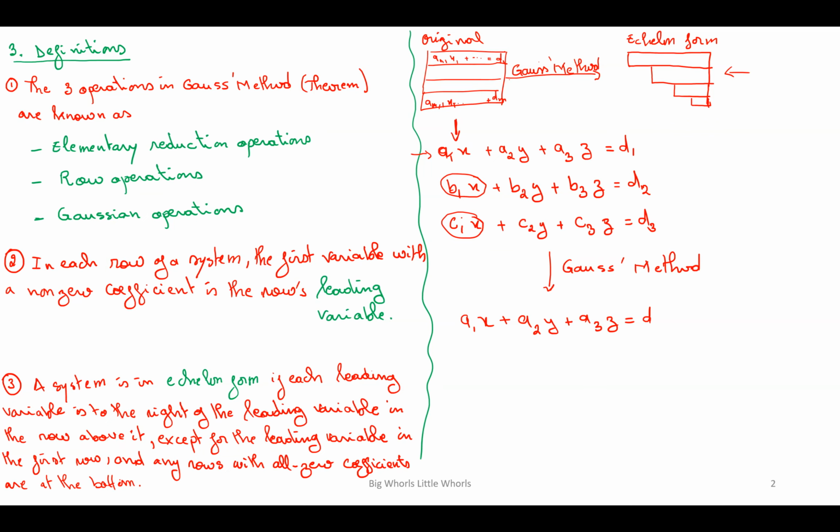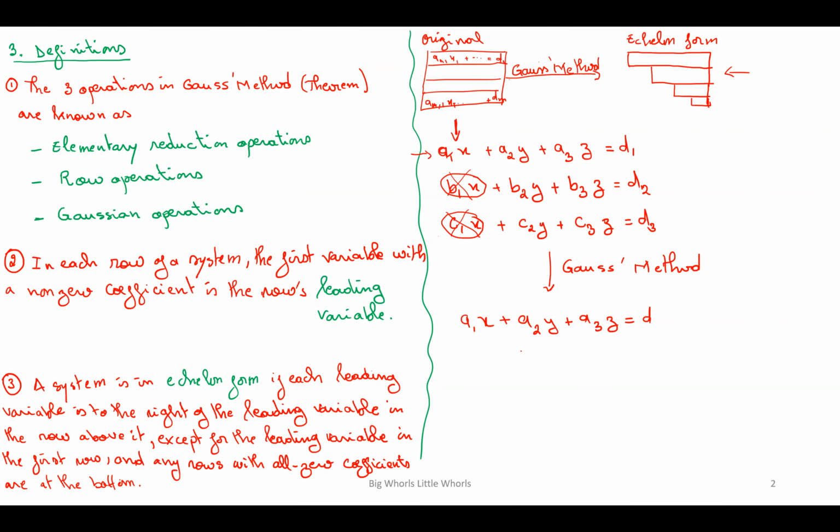So in the rows below, row 2 and row 3, we have to do stuff to be able to eliminate those terms in x. So that's how we are going to use Gauss's method to eliminate those terms.